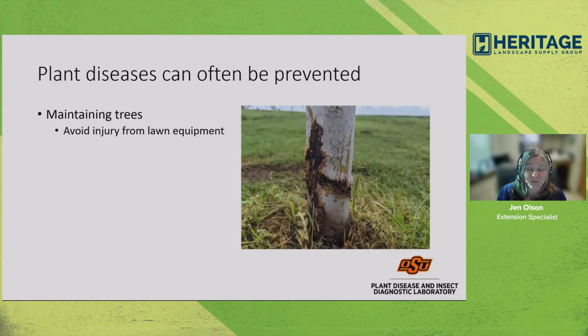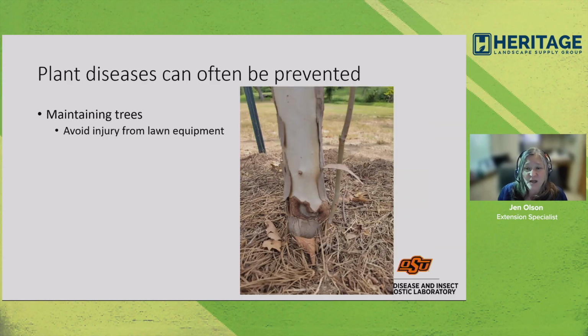Here's that damage from lawn equipment. I don't know if it's going to recover or not. My crystal ball isn't working well enough to tell me, but certainly correcting this so that you can avoid damage in the future. Here's one where this tree, they mulched it to try to reduce additional damage.